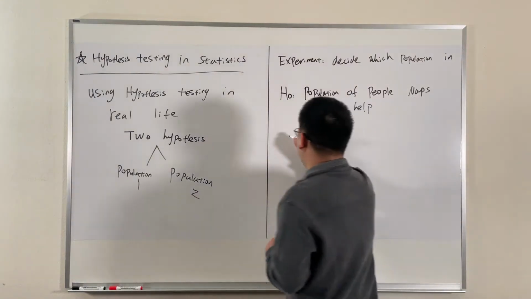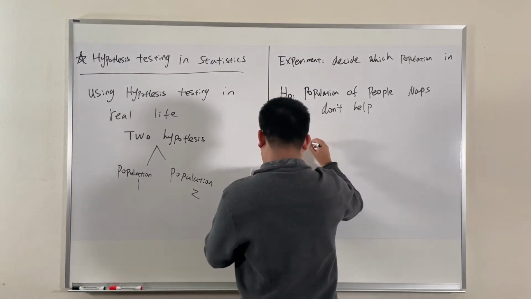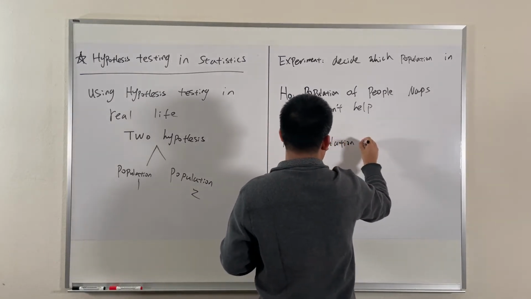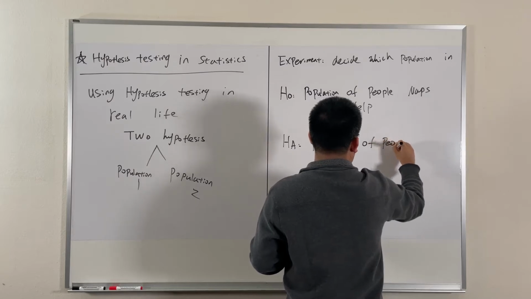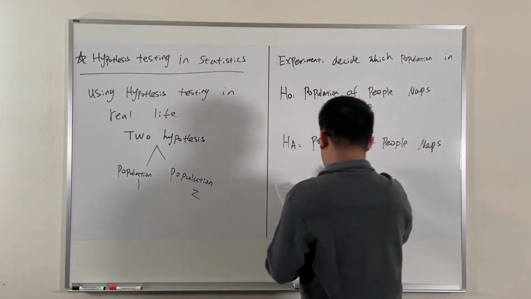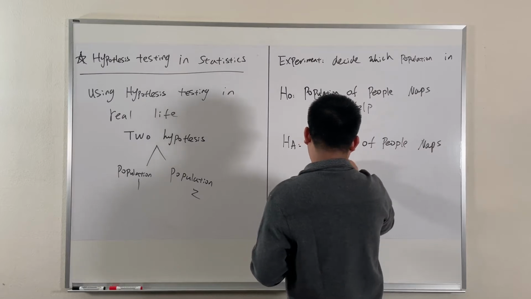Whereas the alternative hypothesis is associated with the population of people naps help reduce homework.